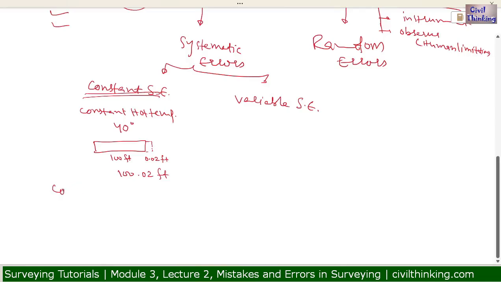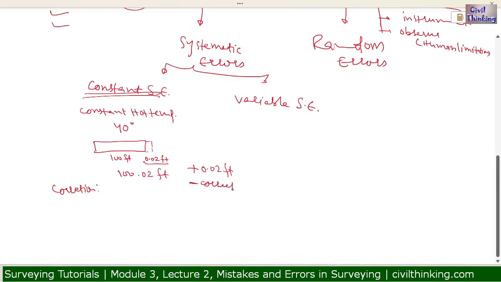So let's talk about the correction. Because this is a positive error, right? So 100.02, this is the error, plus 0.02 feet. So how do you correct? Whatever measurements you have made with this tape, because it is a positive error, you will apply a negative correction.